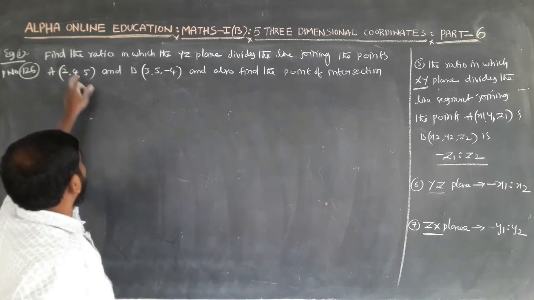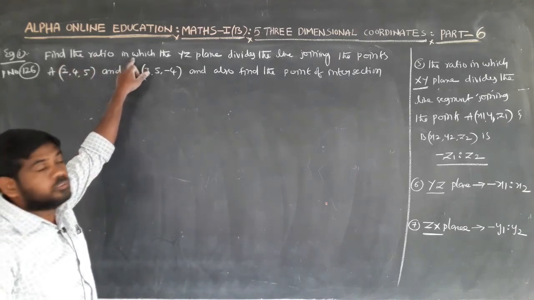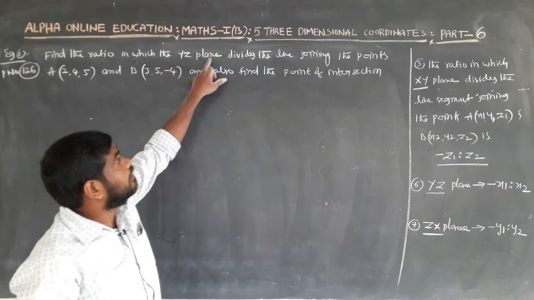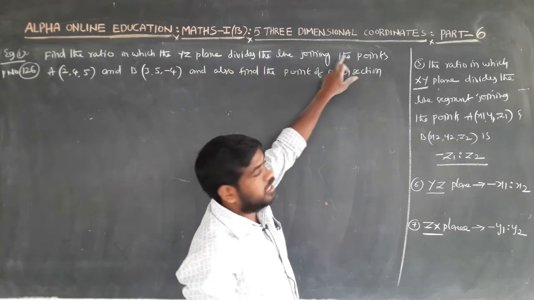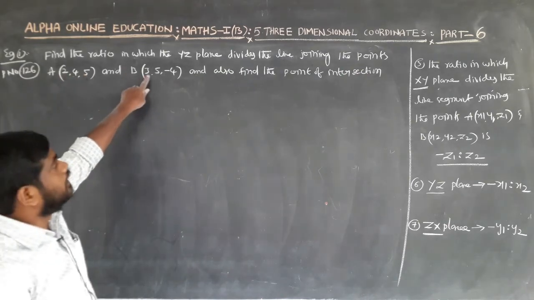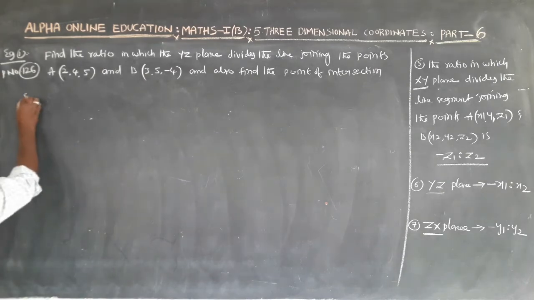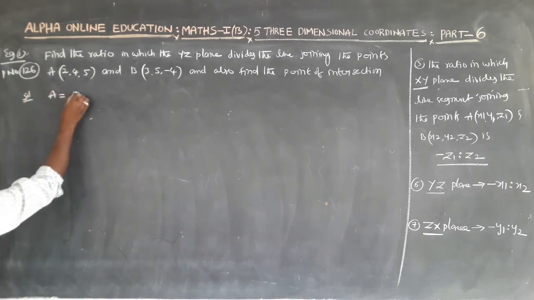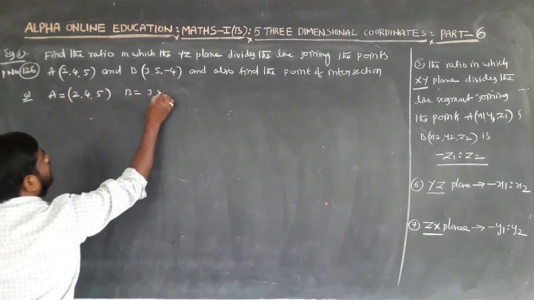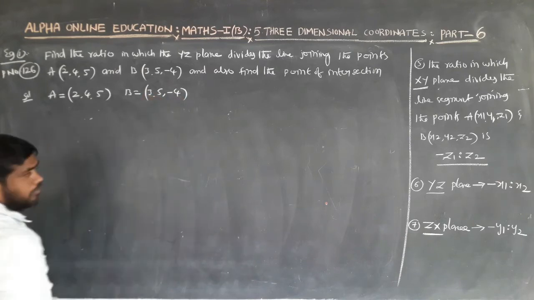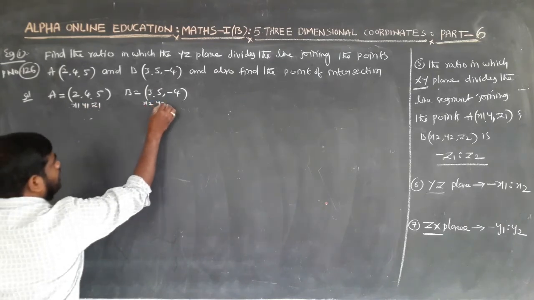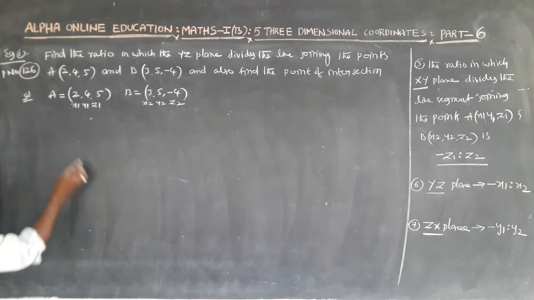Observe here. Find the ratio in which the YZ plane divides the line joining the points A(2, 4, 5) and B(3, 5, -4). Let A be (x1, y1, z1) and B be (x2, y2, z2).